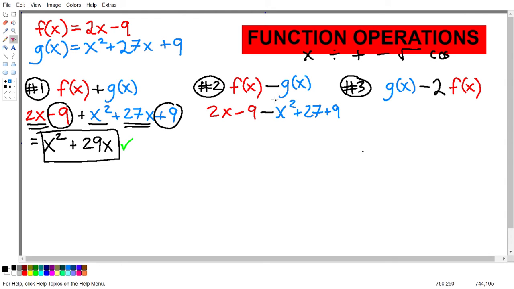Yeah, so I'm going to need to make sure that I add parentheses around this function. Really important step to show that I'm actually subtracting the entire function. Okay, so that leaves me with what? Let's rewrite it.